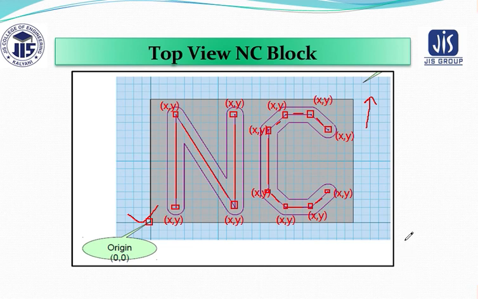So now you can see that this is basically lying in the first quadrant, isn't it? So the x value will be positive and the y value is also positive. So it is very easy to calculate the value for all the coordinates if you consider origin to be 0, 0.